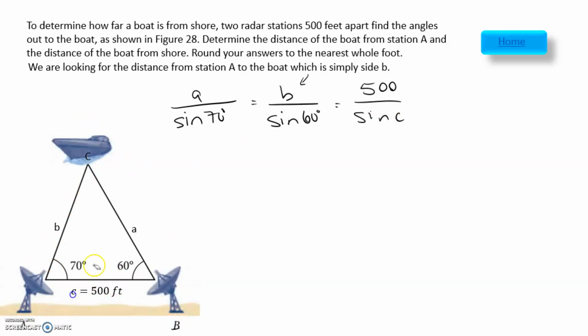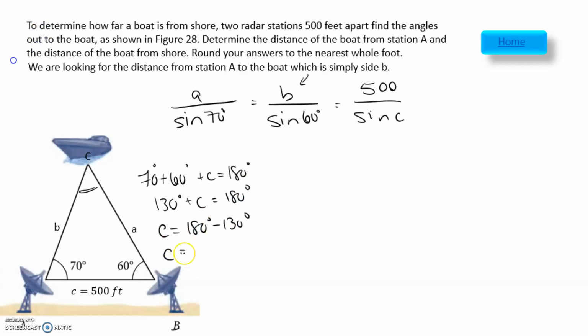which I can go ahead and get this angle right here. Because if I add all these up, so 70 plus 60 plus C, I know that equals 180. So that's going to give me 130 plus C is 180. So C would be 180 minus 130, which would give me 50.